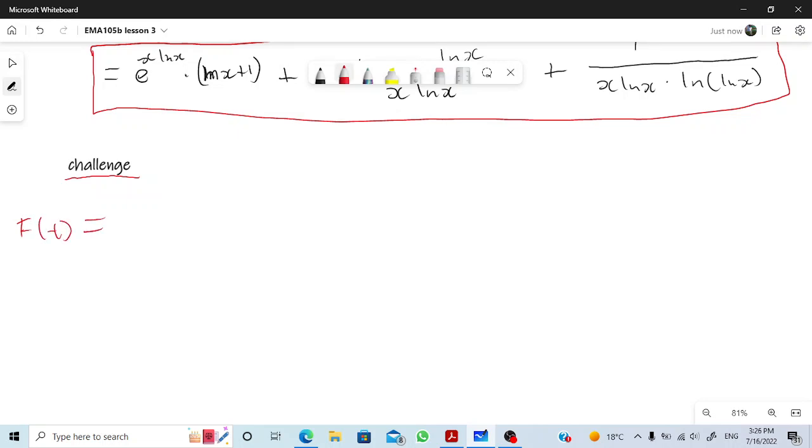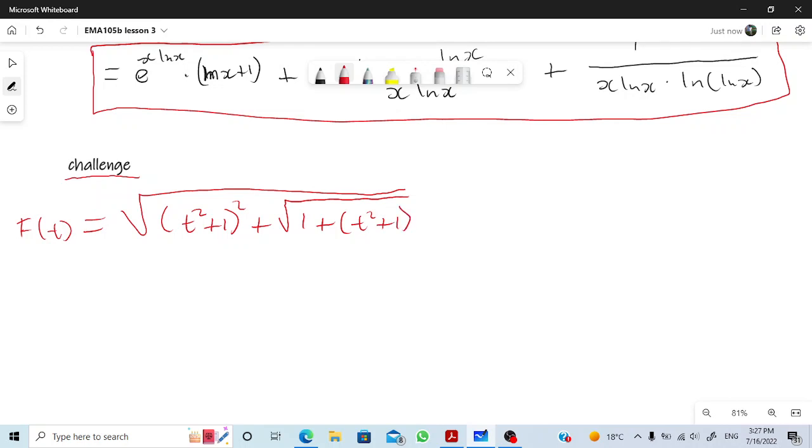We have f of t equals the square root of t squared plus 1, squared, plus the square root of 1 plus t squared plus 1. So this is your challenge.